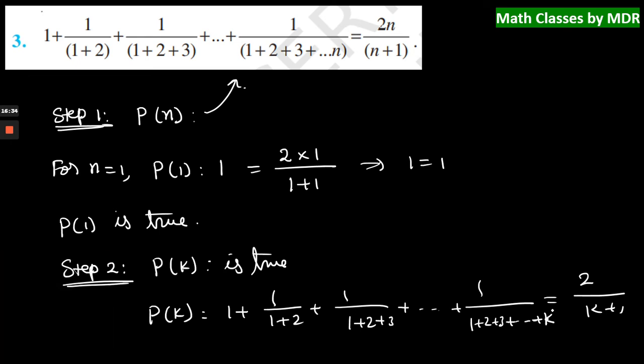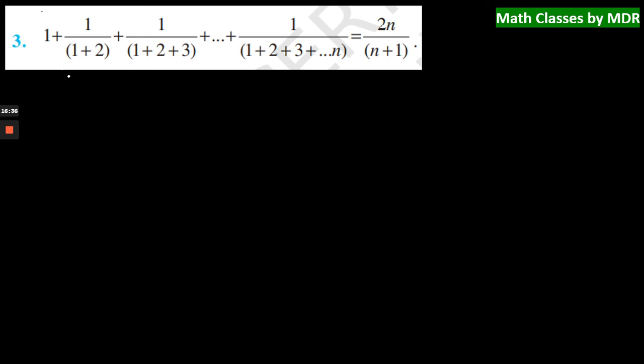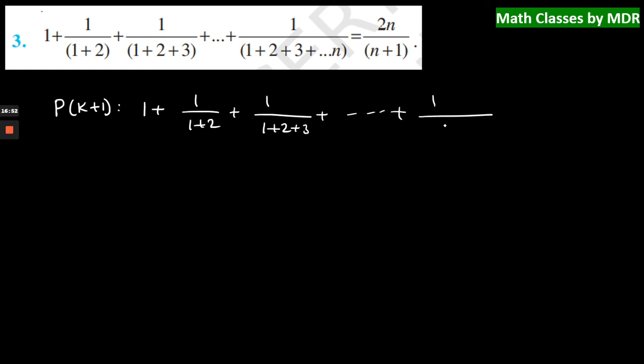Now what to prove? We need to prove that P of k plus 1 is true. Let's see what is P of k plus 1. It is 1 plus 1 by 1 plus 2 plus 1 by 1 plus 2 plus 3 plus and so on, plus 1 by 1 plus 2 plus 3 plus and so on up to k plus 1, replacing n with k plus 1.